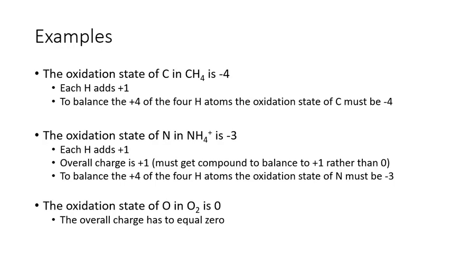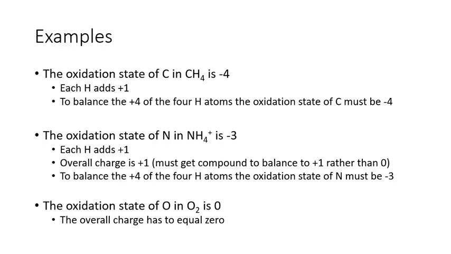The oxidation state of carbon in methane is -4. That's because each hydrogen in the compound adds a +1. To balance the +4 of the 4 hydrogen ions, the oxidation state of carbon must be -4. The oxidation state of nitrogen in ammonium is -3. So again, each hydrogen in the compound adds a +1.